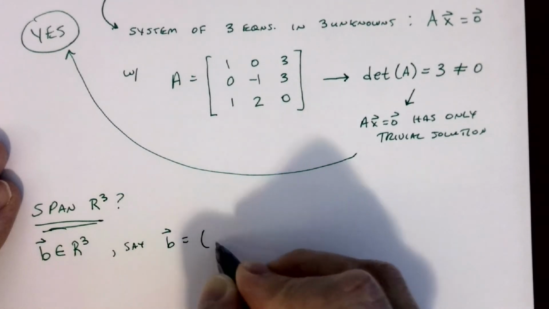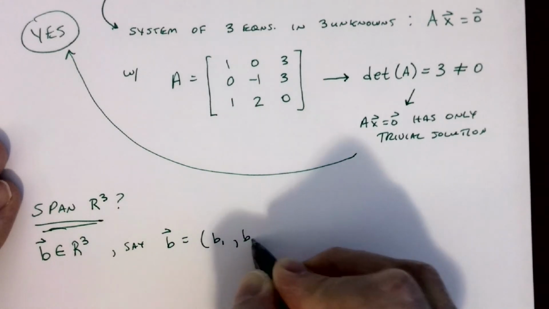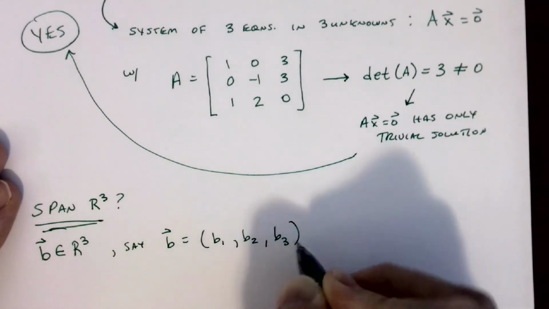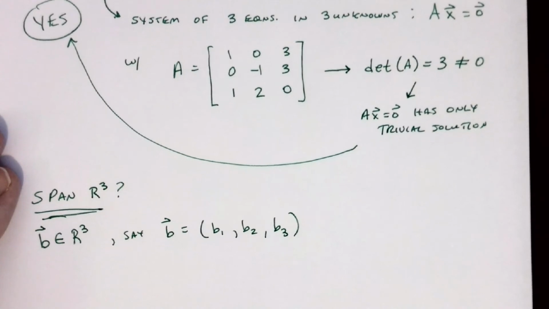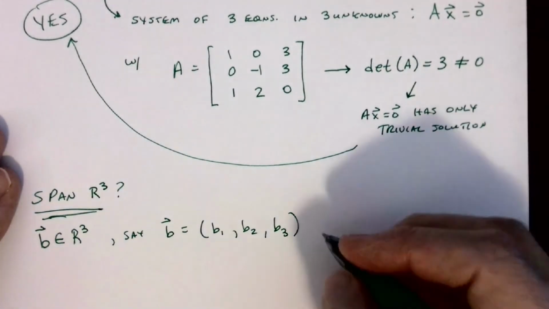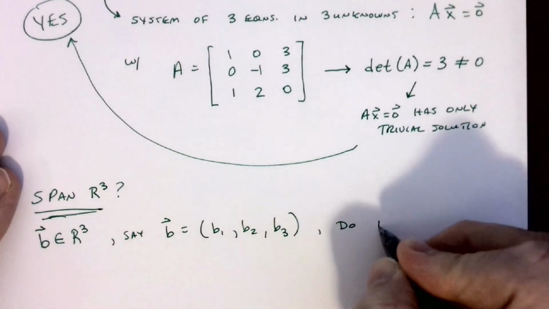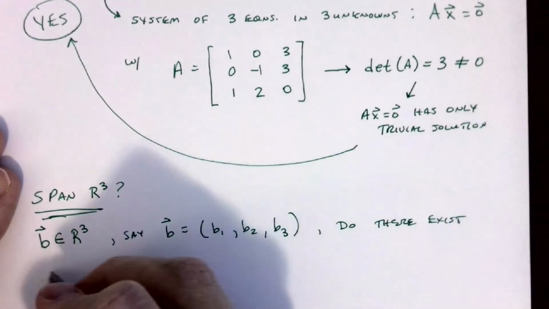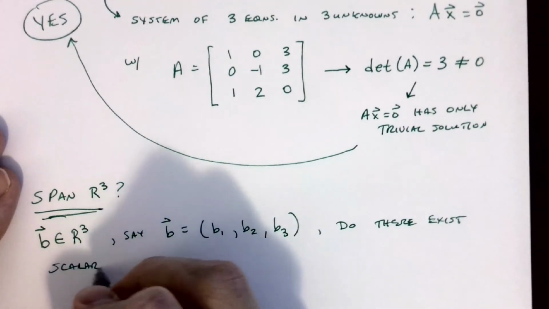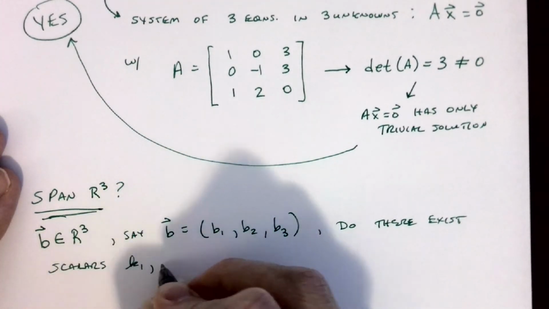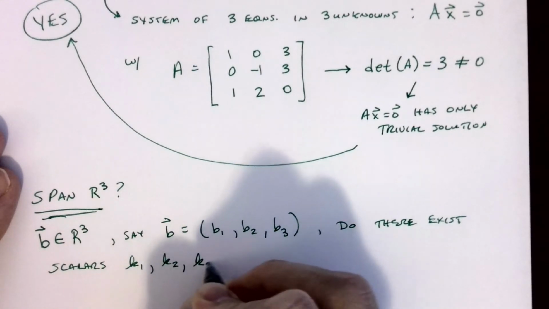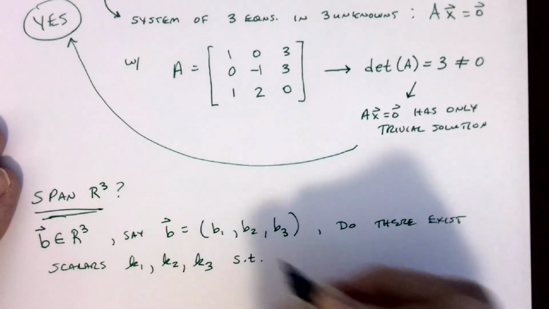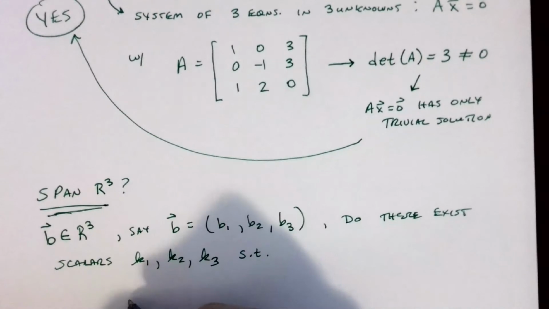Okay, so let's say B is arbitrary. So what would its coordinates be? I don't know, and I don't know, right? But 3 possibly distinct and different values. So pick any B. And the question is, do there exist scalars, and we'll just call them K1, K2, K3, such that what?